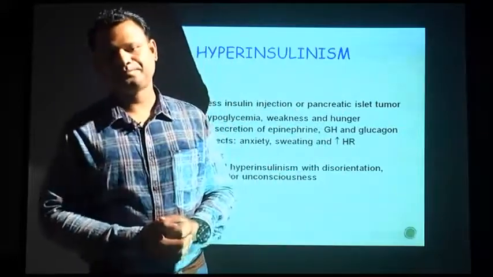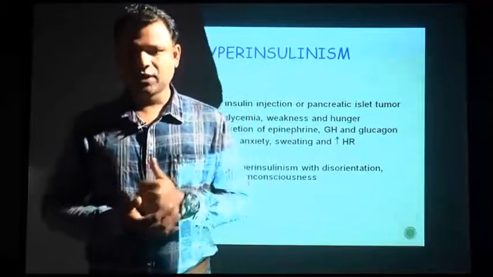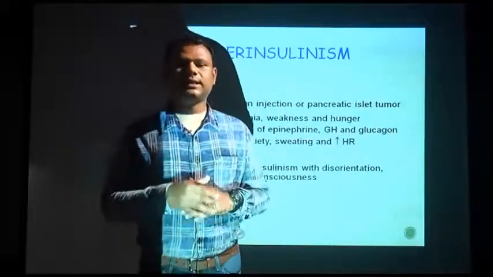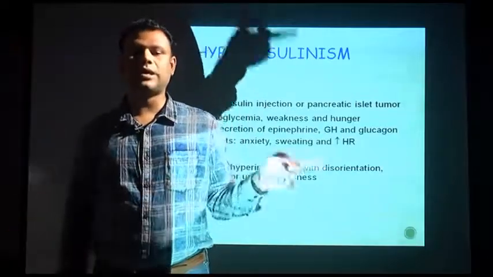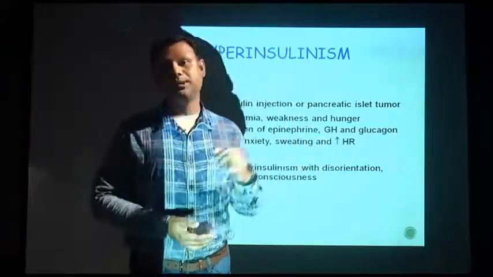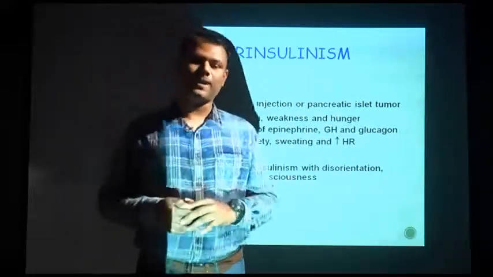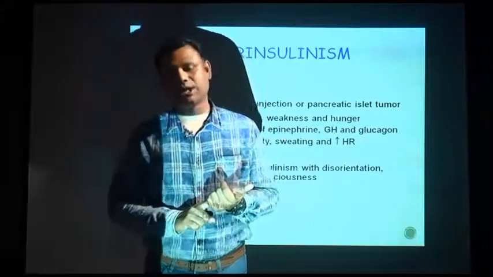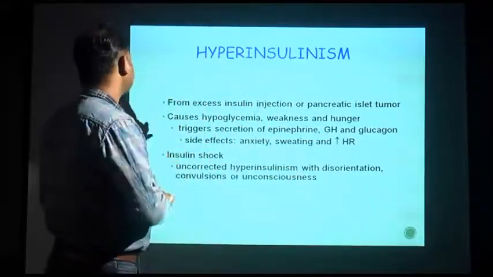It causes hypoglycemia, weakness, hunger, and triggers secretion of epinephrine. This is another trigger mechanism, where one hormone affects the secretion of another. So higher insulin can trigger the secretion of epinephrine, growth hormone as well as glucagon.